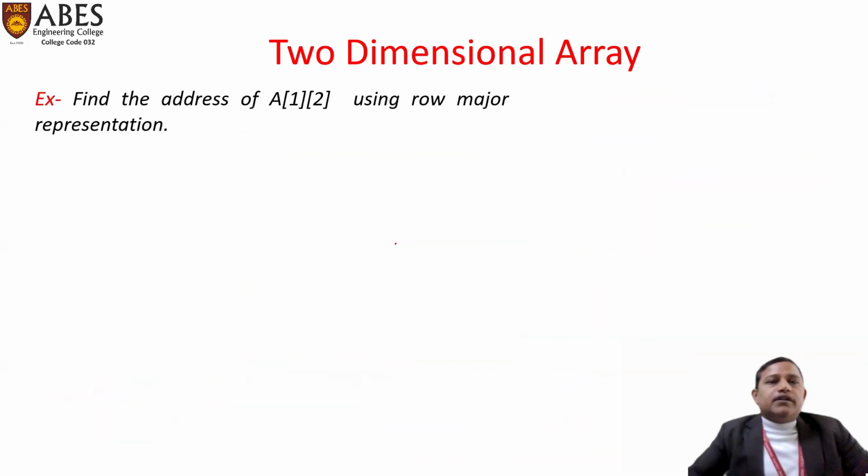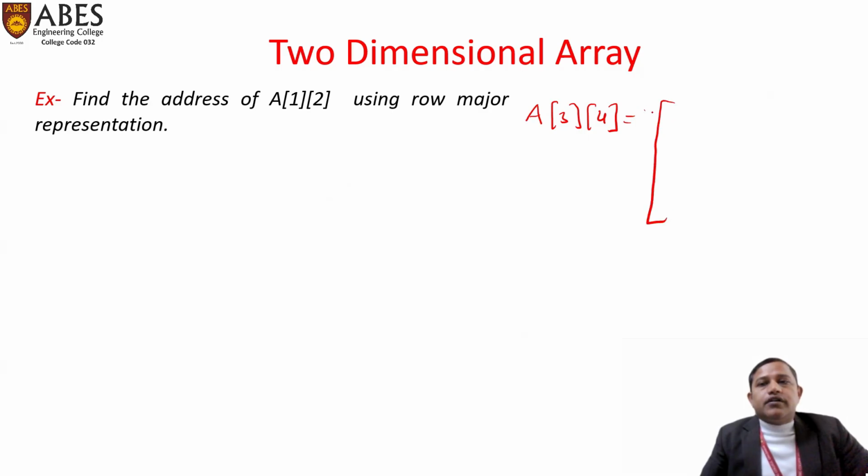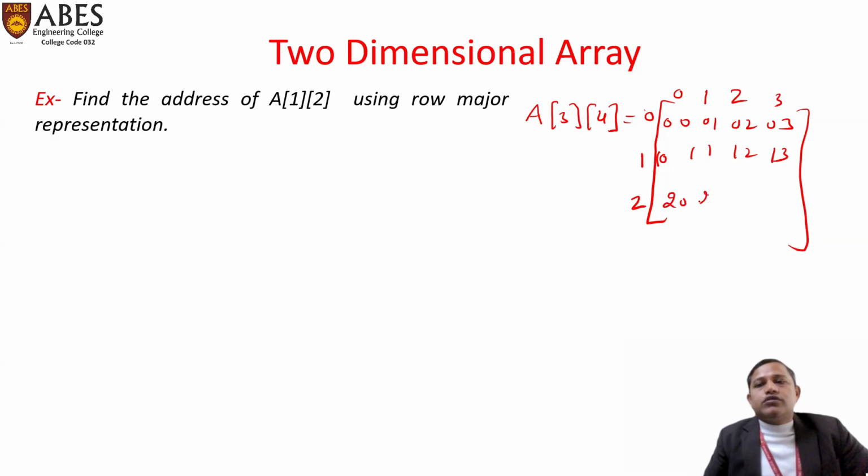Similarly, if you want to find the column major order, then the matrix representation in memory is the same, but the formula will change. 0 1 2 3 and 0 0, 0 1, 0 2, 0 3, 1 0, 1 1, 1 2, 1 3, 2 0, 2 1, 2 2 and 2 3.